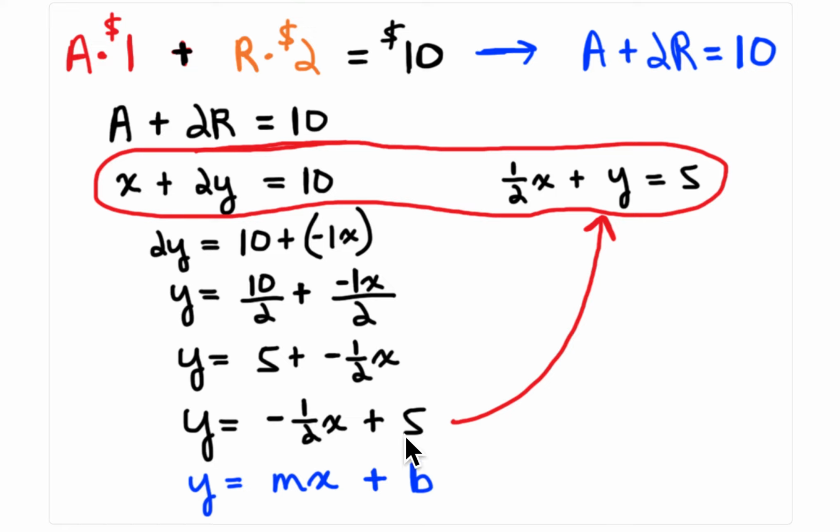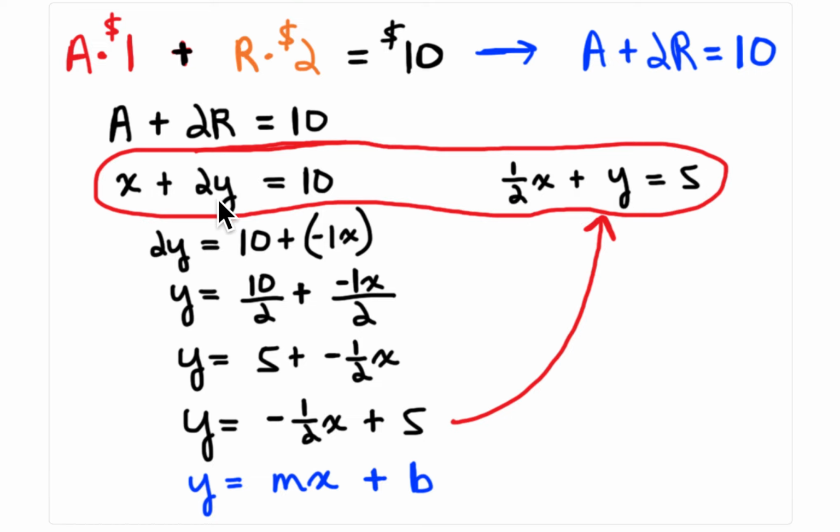So now if I write this form up here and just compare them, I can move the 1/2 x back over here by adding. I'm going to add 1/2 x, which gets rid of this, a negative 1/2 x plus a positive 1/2 x means this equals 0. So now I have 1/2 x plus y equals 5.